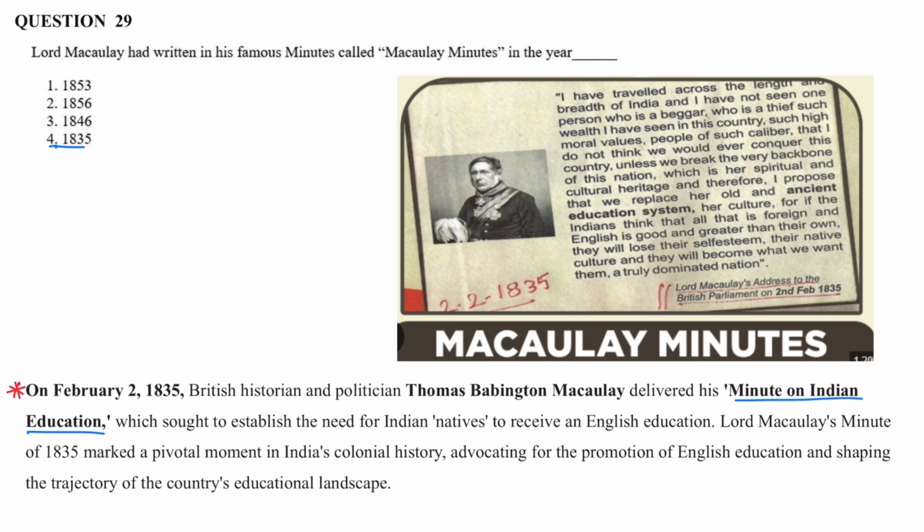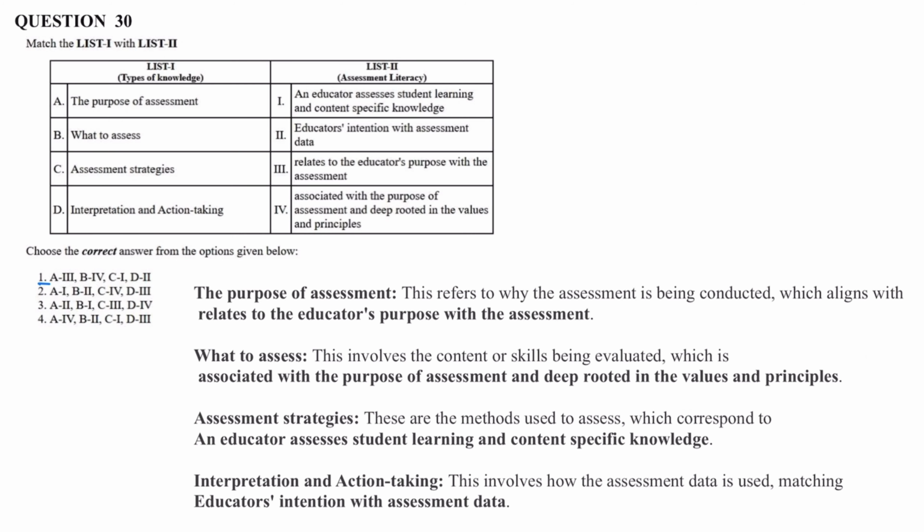Lord Macaulay's Minute of 1835 marked a pivotal moment in India's colonial history, advocating for the promotion of English education and shaping the trajectory of the country's educational landscape. Here it is 2nd February 1835. Correct answer option 4.